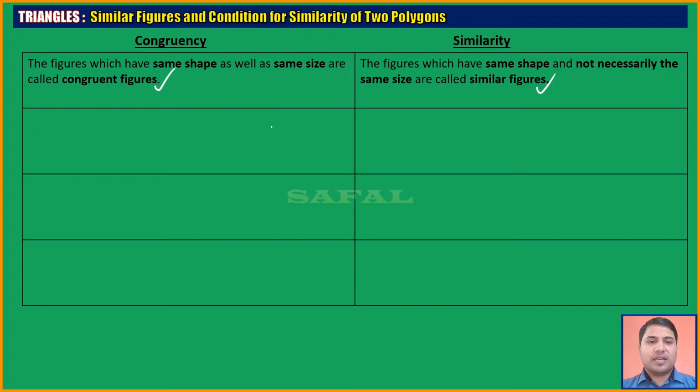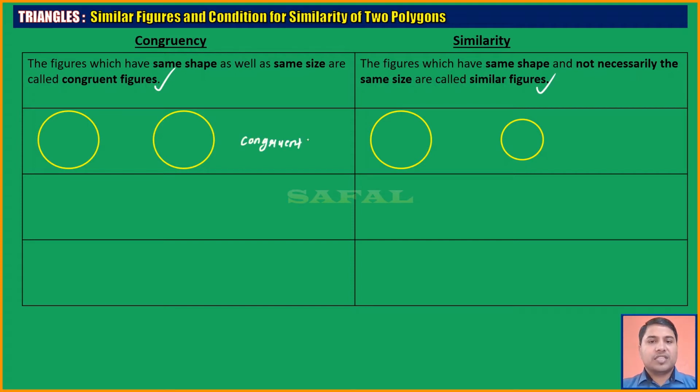To take some examples, the two circles on the left side are congruent figures because they are circles and their size is also same. But on the right hand side, both are circles, shape is same but size is not same. So here I can say similar figures.